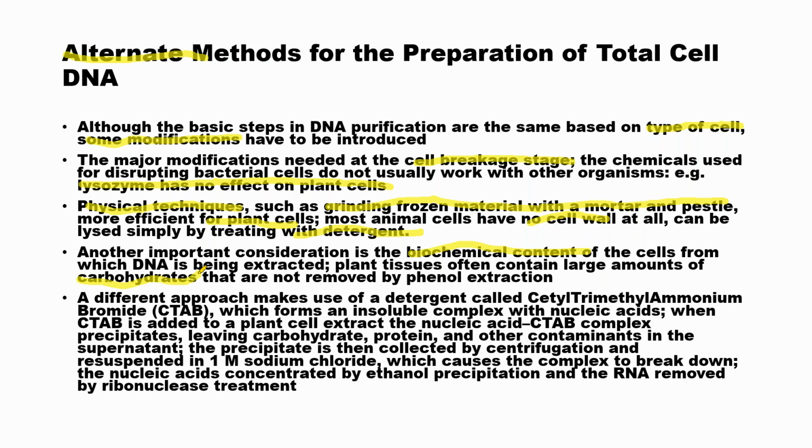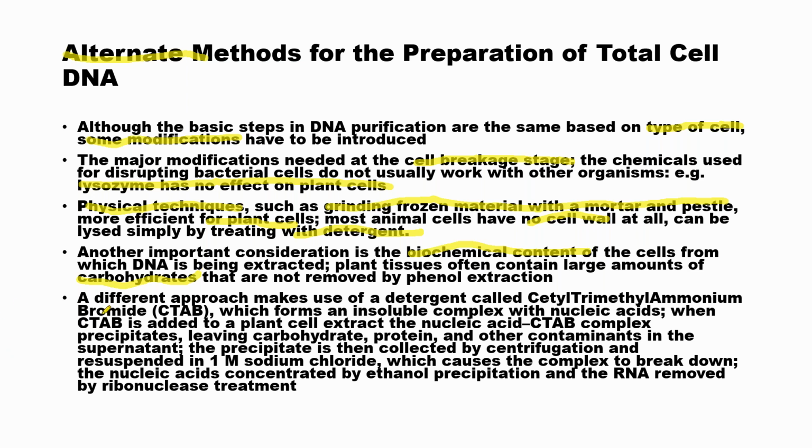So the biochemical content of cells from which DNA is extracted: in bacterial cells, it is DNA plus RNA plus proteins, whereas in plant cells it is DNA plus RNA plus proteins plus additionally carbohydrates. So now we have to go for a method by which we can remove the carbohydrates also.